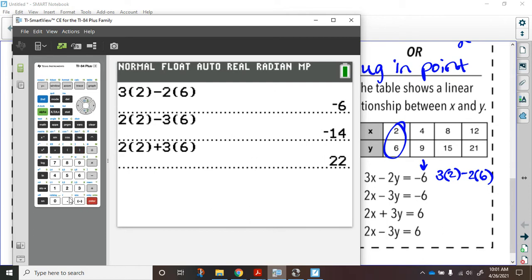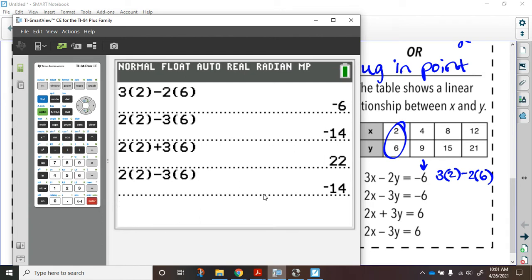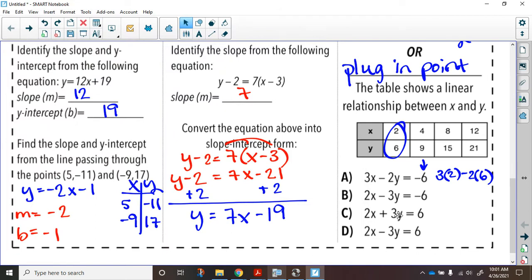That's 22. And then 2 times 2 minus 3 times 6, which is also negative 14. So that means that A is the correct answer. So again, you can just take the point, plug it into the equation, and see if you get the same answer.